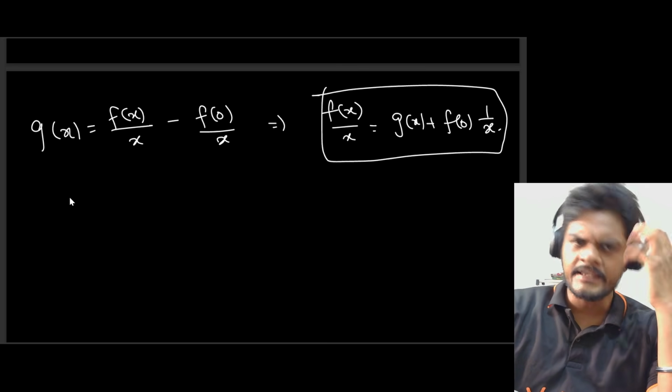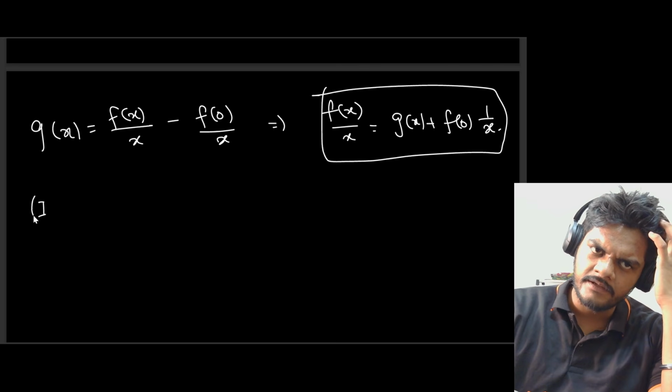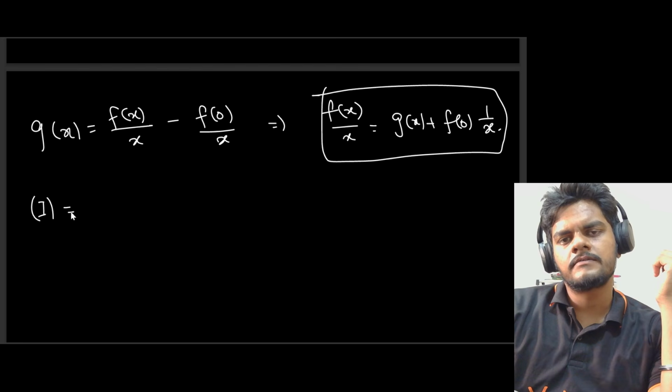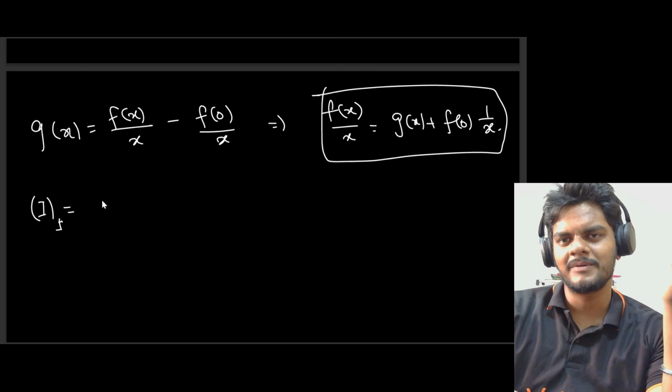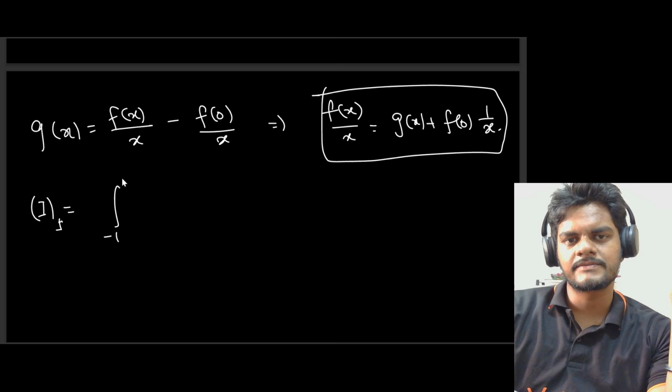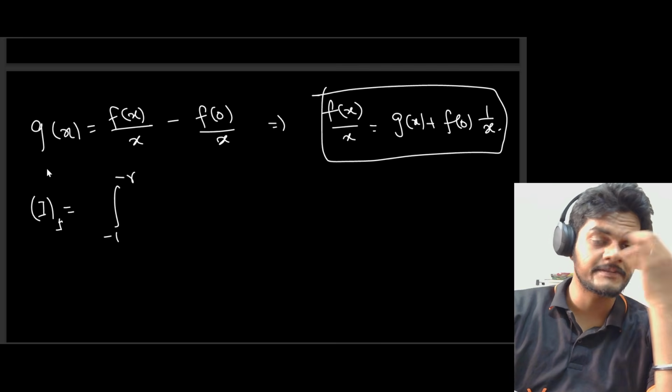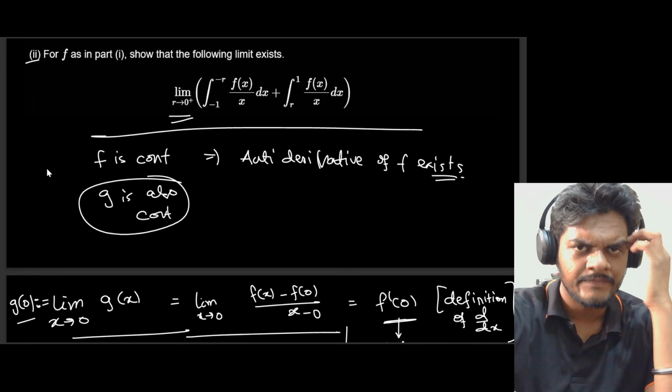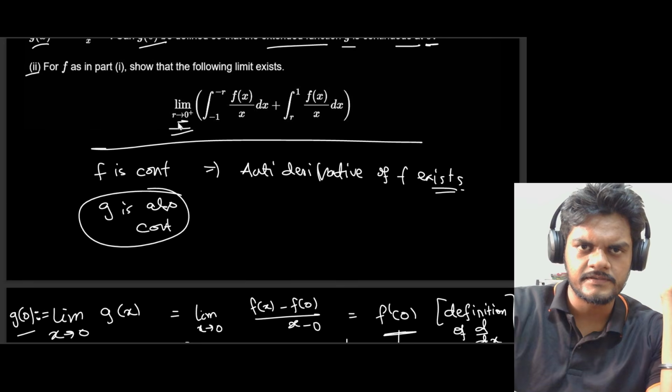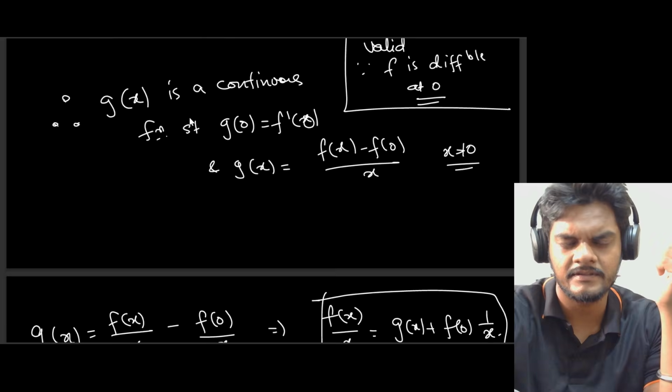Let us look at each of the integrals. For the first part, I can write it from minus 1 to minus r, where r is positive. In the limit, r is 0 plus.